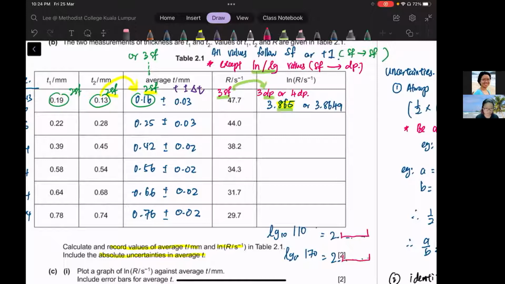This one is the one that we want. The 2 point something here is just for the 10 to the power. That's why we just choose to look at the DP. This is 3SF, so this should be 3DP, or 4. Okay, we can continue now.